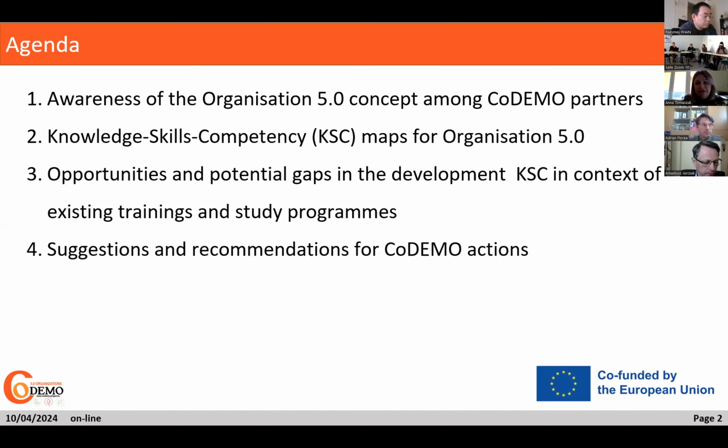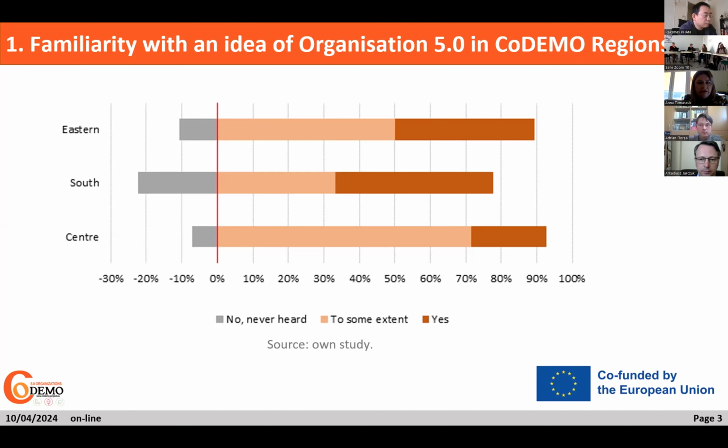So in case of the awareness, the understanding and knowing generally of the concept of organization 5.0, we can see that the level of knowing is quite high. The respondents from the center region have the highest level of understanding of the concept, more than 90%.